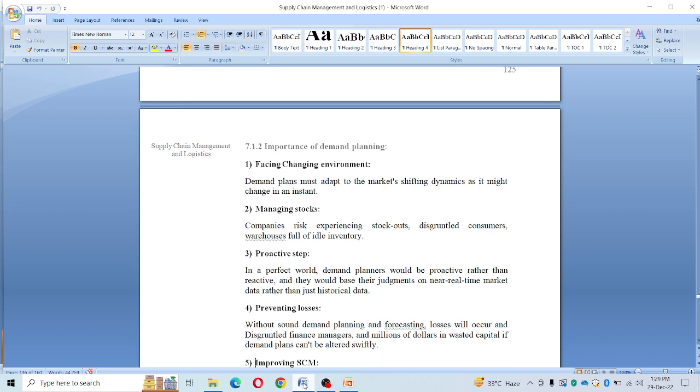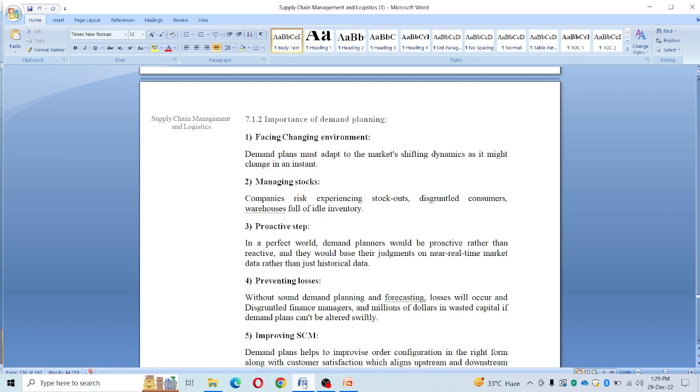Proactive step, because we know that demand planning itself is proactive rather than reactive, because what we are doing is adapting to the real-time market data and forecasting and predicting the demand in the future. Based on those judgments, we are proactively measuring everything and keeping things ready.